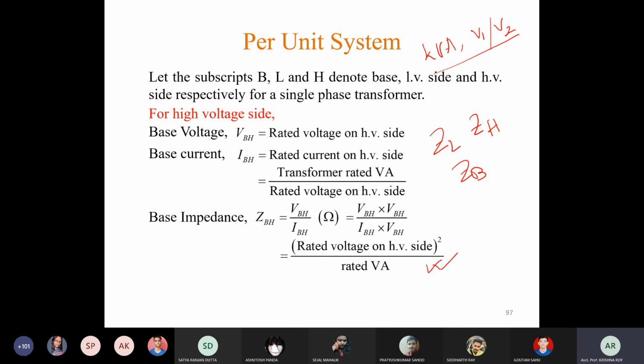You don't have to calculate IBH. Right? Am I clear? Yes, sir. Okay, so base impedance ZBH can be calculated using this formula: rated voltage on the high voltage side square divided by rated VA.